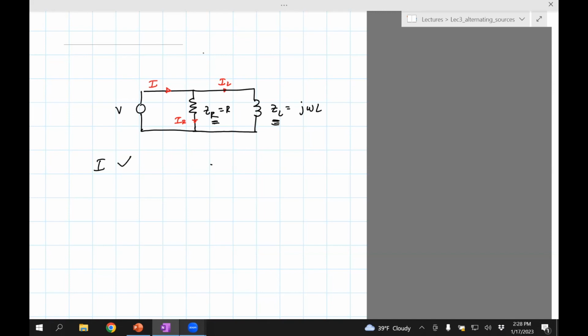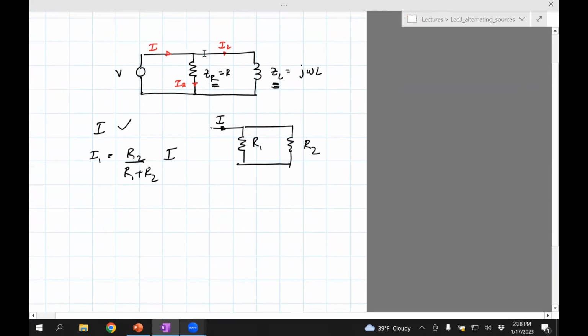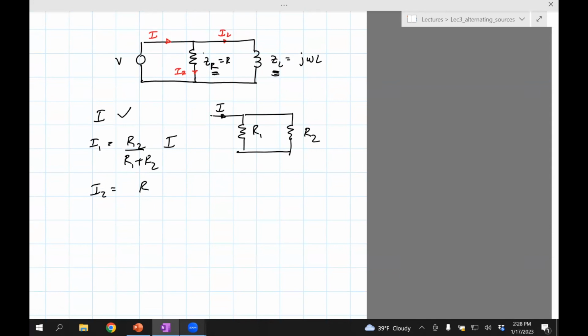Remember the current divider rule, which says if you have two resistances, R1 and R2, and current I is flowing, then I1 is R2 divided by R1 plus R2 times I, and then I2 is R1 divided by R1 plus R2 times I. This is the current divider formula, which I derived last time. I'm just going to use that.